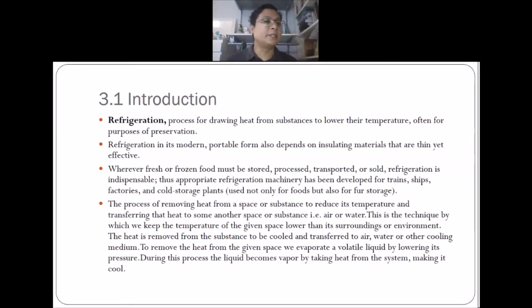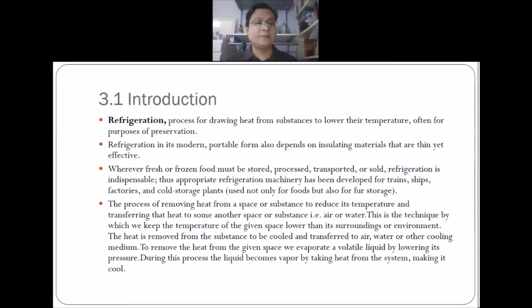And then we go to the last bullet, talking about the process of removing heat from a space or substance to reduce its temperature and transferring that heat to another space or substance, for example, air or water. This is the technique by which we keep the temperature of the given space lower than its surrounding environment.